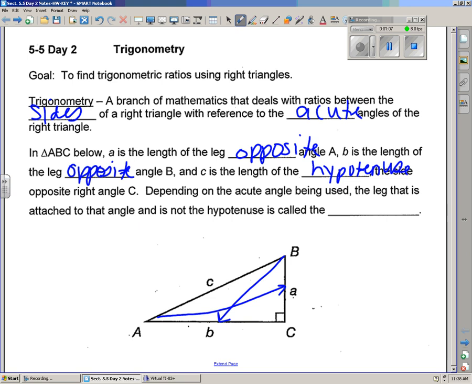And the hypotenuse is always going to be the longest side, always opposite the right angle. Depending on the acute angle that you're using, the leg that is attached to the angle, but is not the hypotenuse, happens to be called the adjacent.